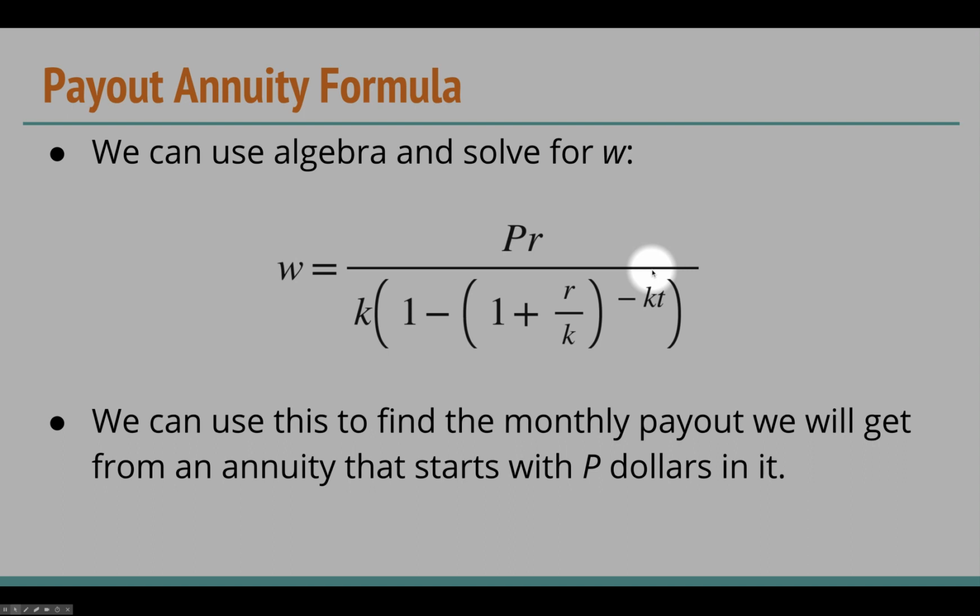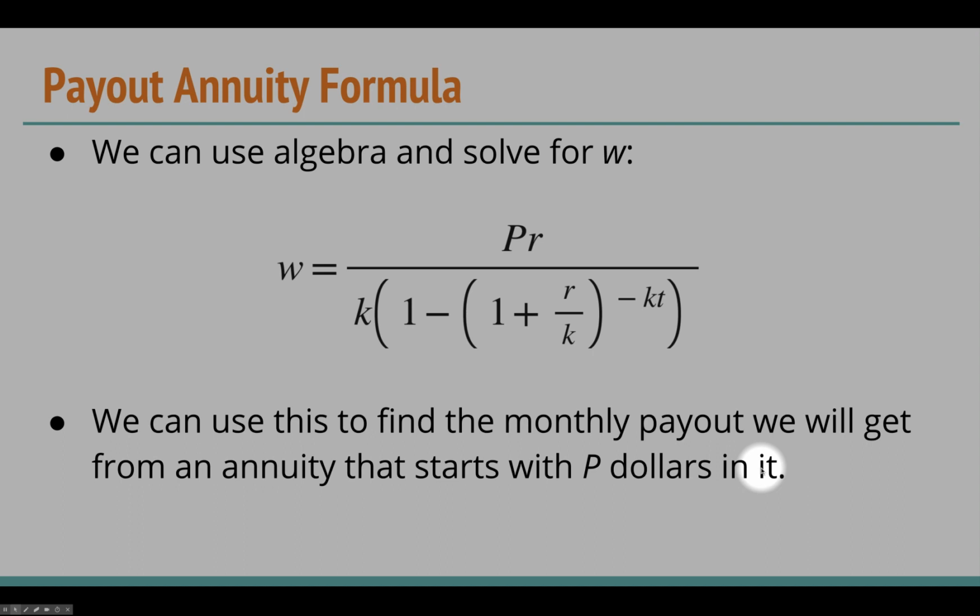Basically, this formula says that if I know the starting amount P, the principal in an account, that earns a rate of return R for T years, and we make K regular payments, it's usually 12 because we're making monthly payments, then we'll know what regular withdrawal W we can expect. So we can use this version of the formula to find the monthly payout W that we will get from an annuity that starts with P dollars in it.